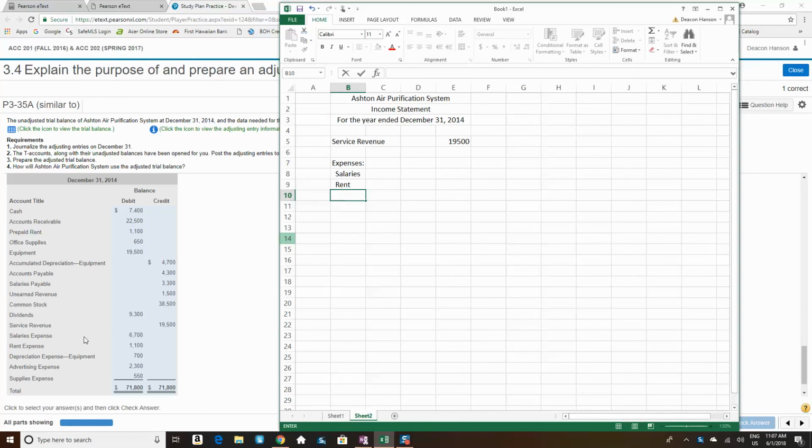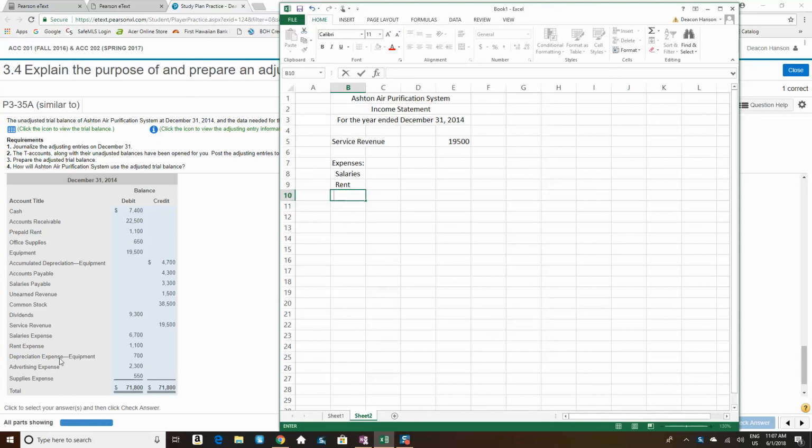So if you set your trial balance up, you list your accounts by category. So assets, liabilities, equity, revenues, and expenses. Then it's easy because you can just look over to that section and pull the things over to your financial statements that you need. So I got rent.